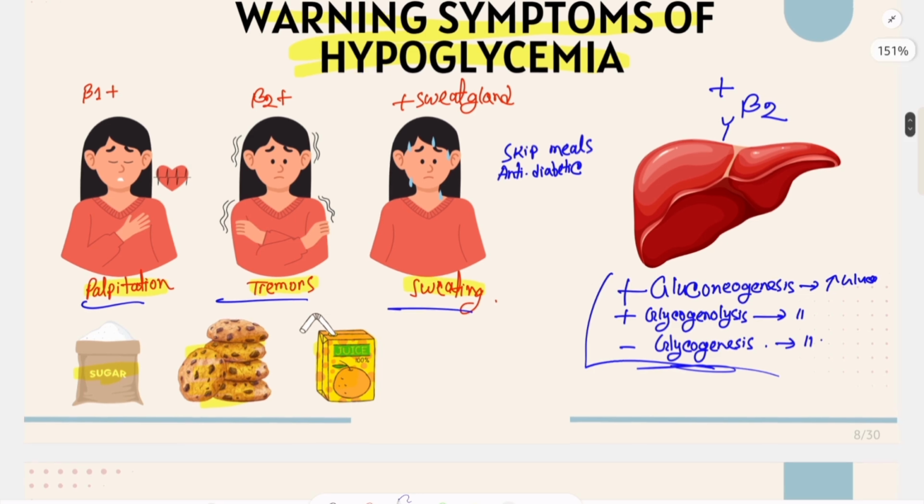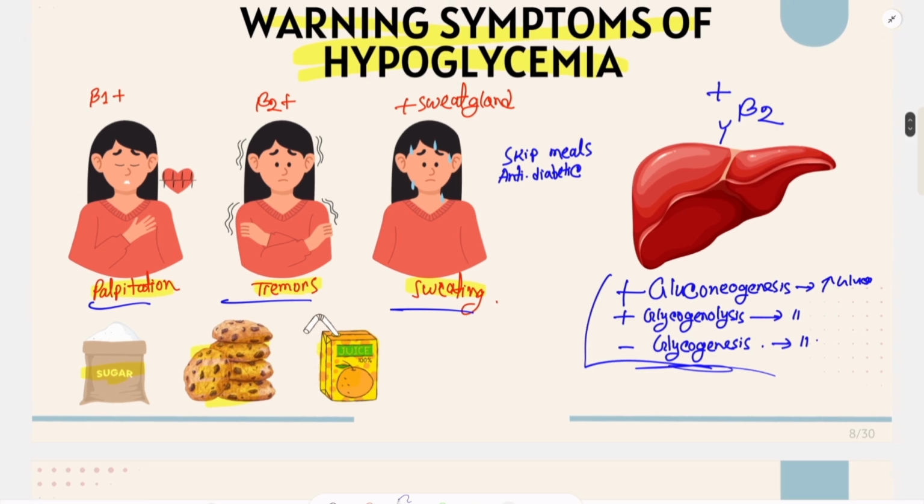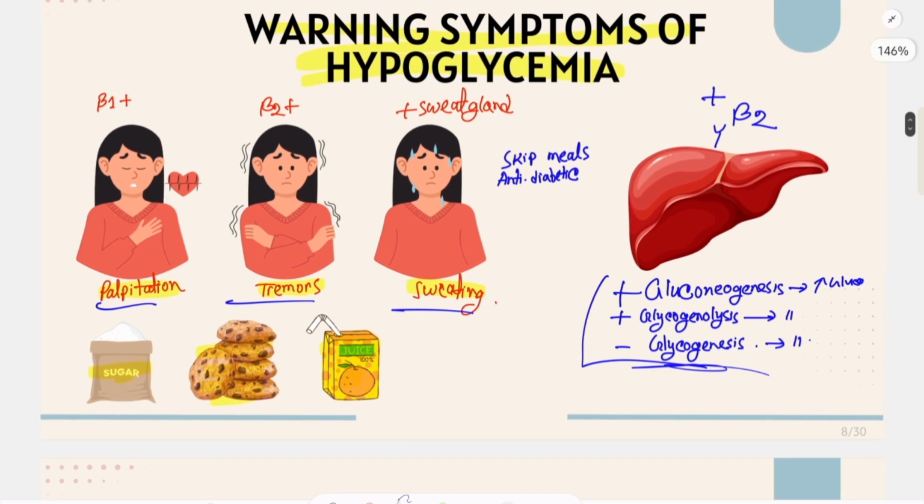If we give beta blockers to this patient, what will happen? This will result in masking of all the symptoms. That means even if the person has hypoglycemia, the symptoms will not come. The person will never know that he is having hypoglycemia, and will not take any sugar.